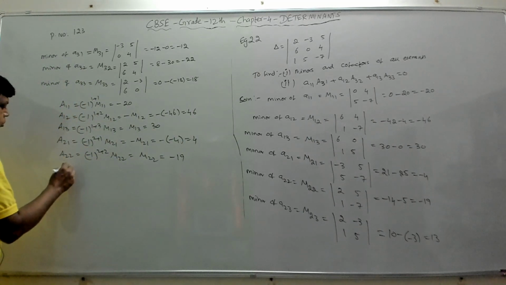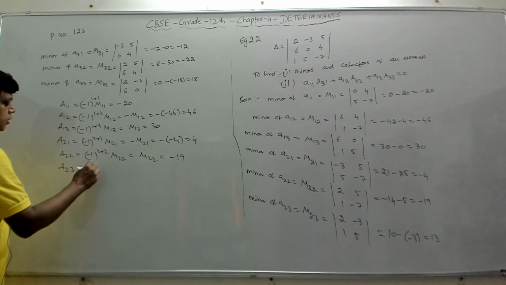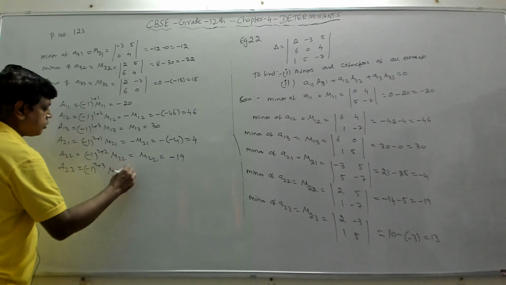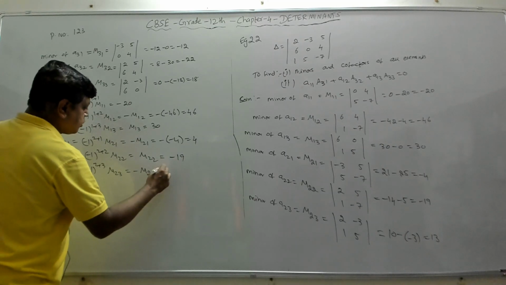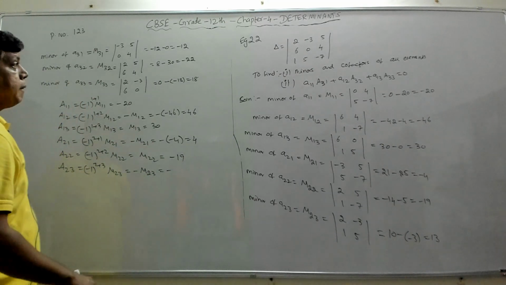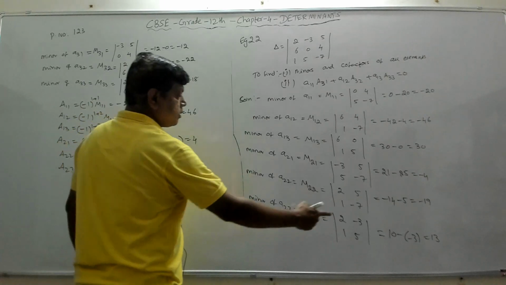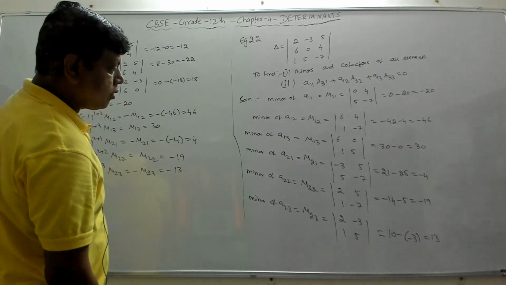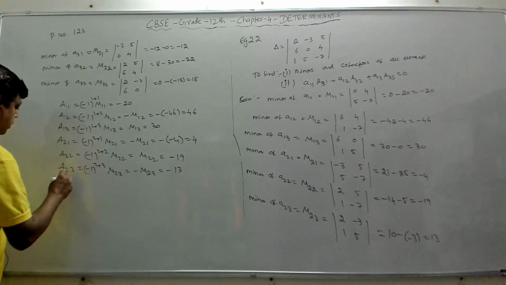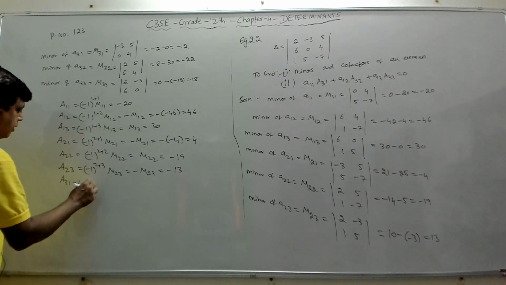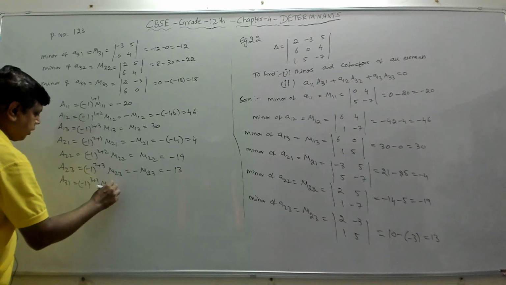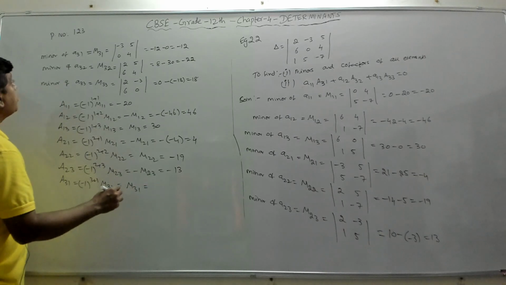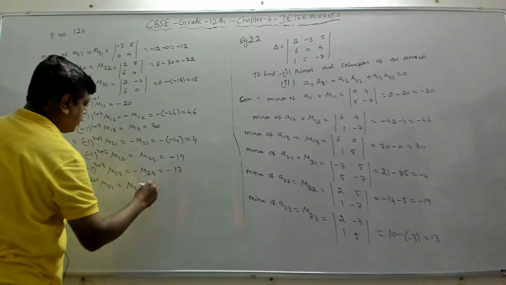Then A23 is minus 1 power 2 plus 3 M23, that is equal to minus M23. What is M23? M23 is 13. So minus 13. Fine. Then A31 is minus 1 power 3 plus 1 M31, and minus 1 power 4 is plus, so M31, and M31 is minus 12.